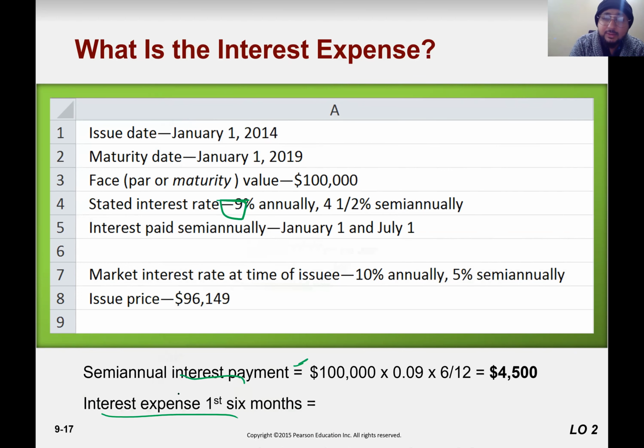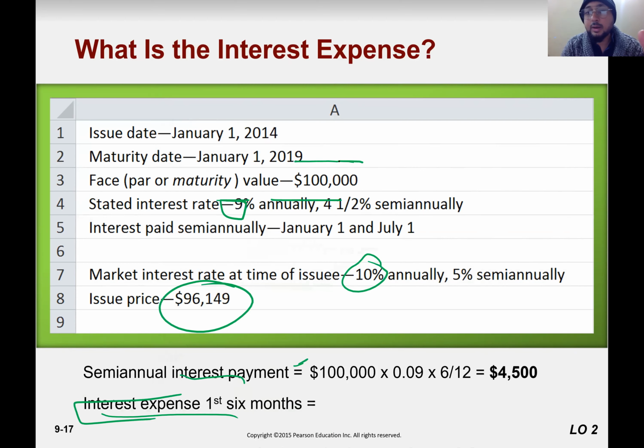Interest expense is based on market rate. Market rate is 10%. So 100,000, not market, sorry. The interest expense is based on market rate, but with the market price, right? Market rate with the market price. Coupon rate with the coupon face value: 100,000, coupon 9%.